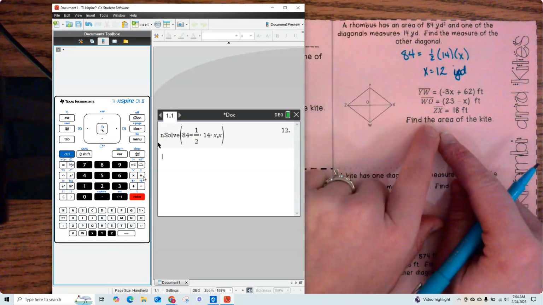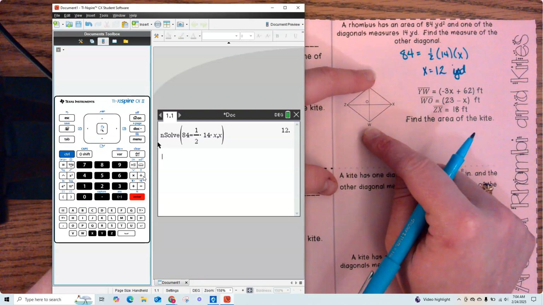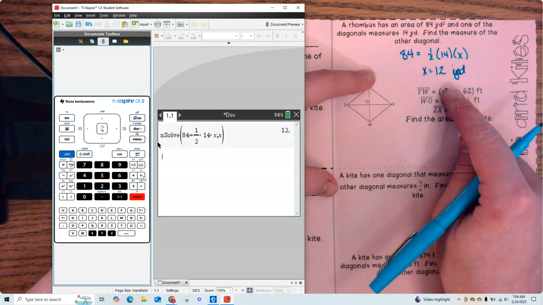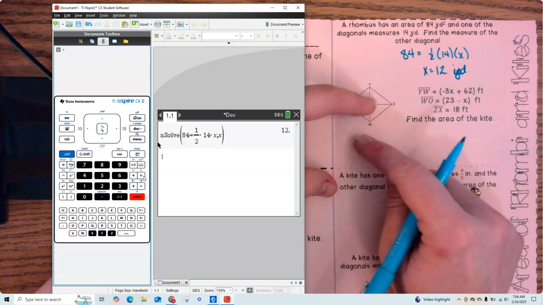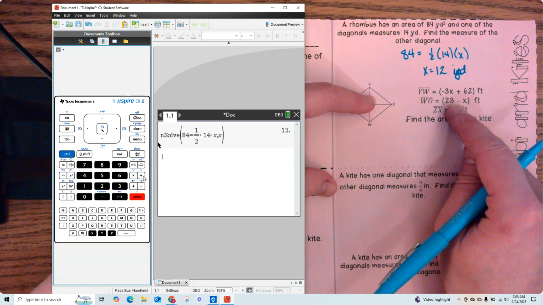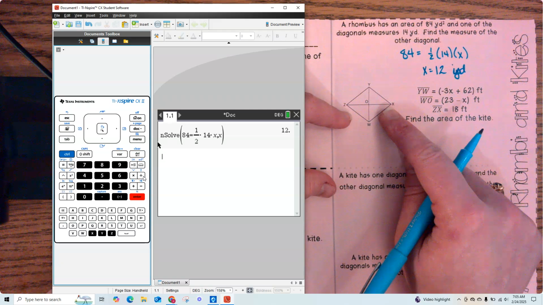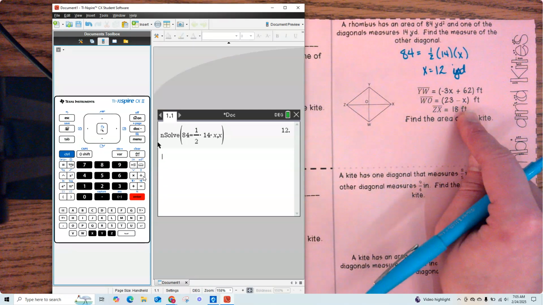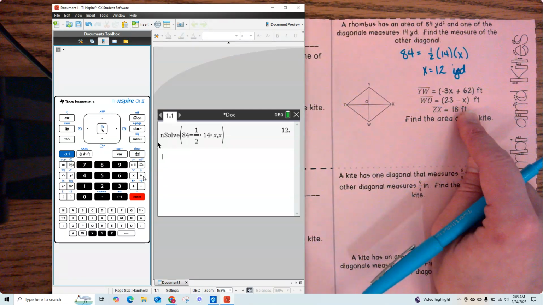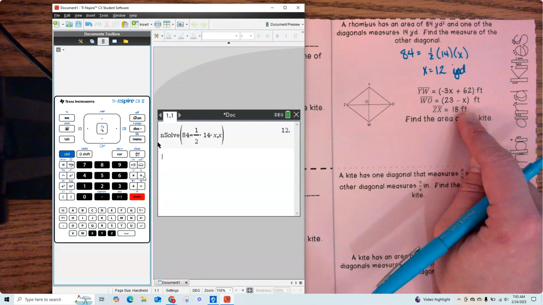All right, find the area of the kite. YW, so that's this diagonal, is this expression. WO is this, and then ZX is this one, is 18. So we need to find the length.